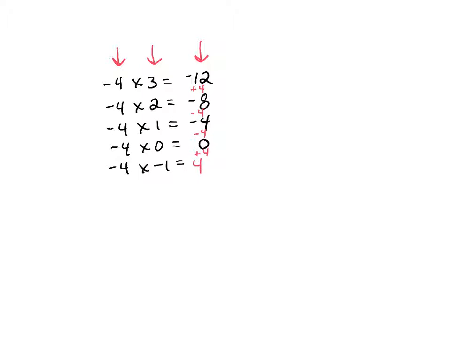So you can see in this case, I have a negative multiplied by a negative, and I get an answer of a positive number, which is the second rule that you need to keep in mind. Multiplying two negatives together gives you a positive answer.